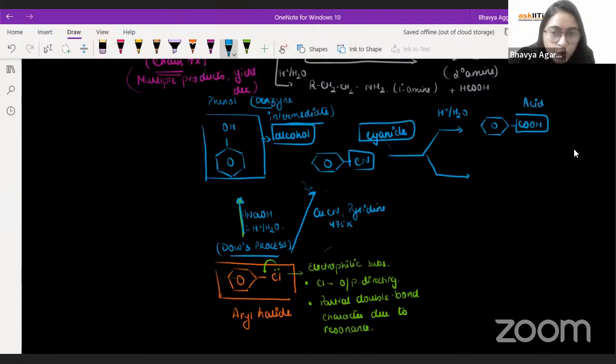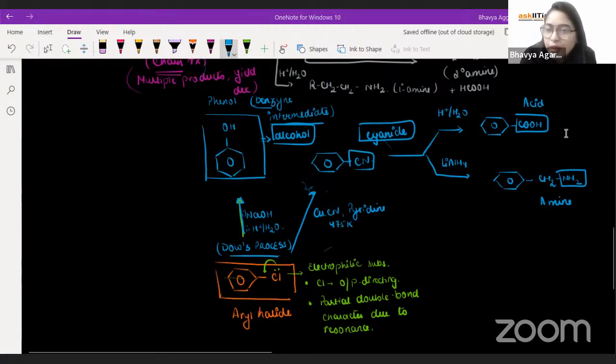And if I do reduction, I'll get benzylamine. Makes sense? This part up till here.